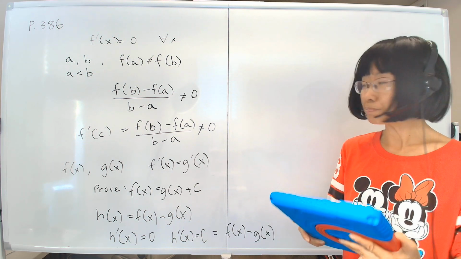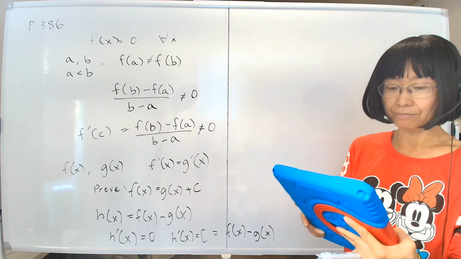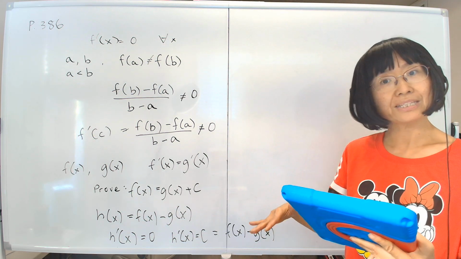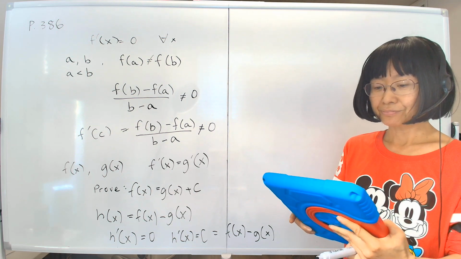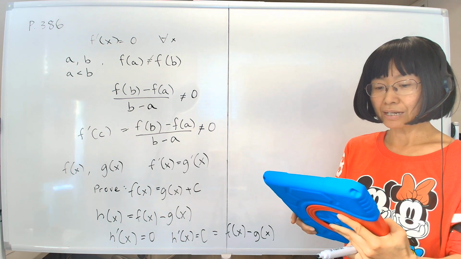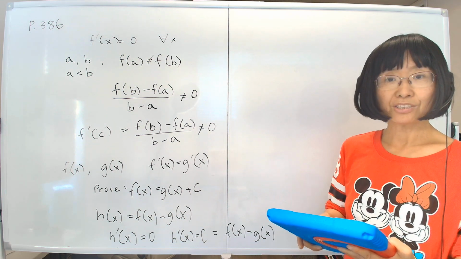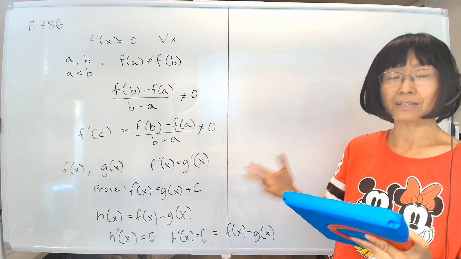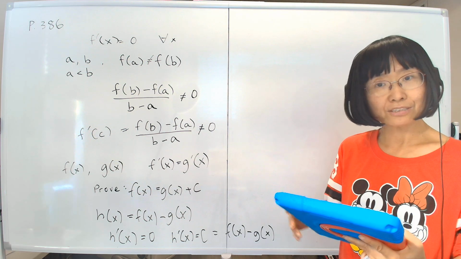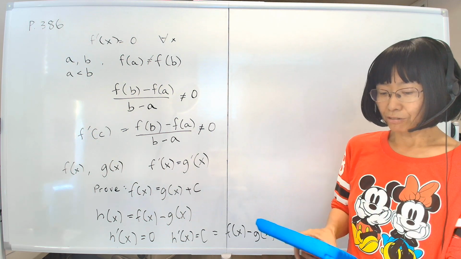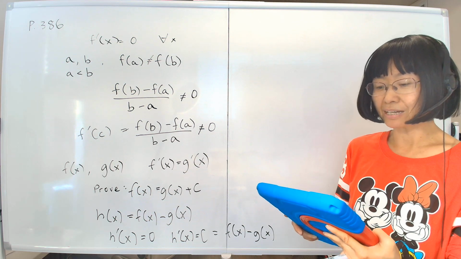And we will only prove the first one, for f prime of x bigger than 0, because the other one is identical. This time we're going to prove it by contradiction. That is, we'll assume the opposite and then show that an absurd result will occur if it's not increasing.